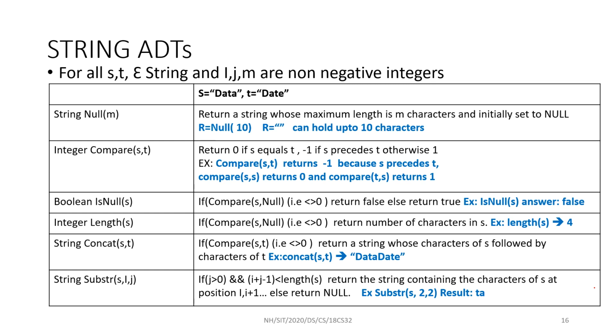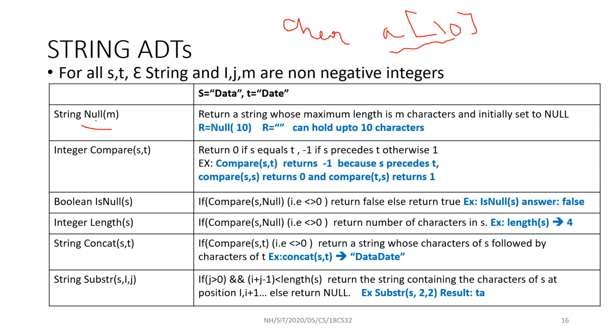So in most of the languages, these many functions are available. One is creating a null string. I'm going to create a string which can hold up to m characters. Like in C we have char a of 10. The main purpose of this is to allocate space for a character array which can hold 10 characters.